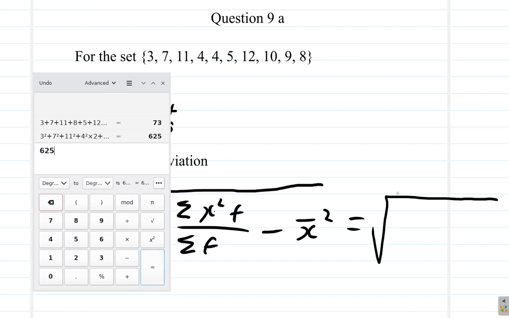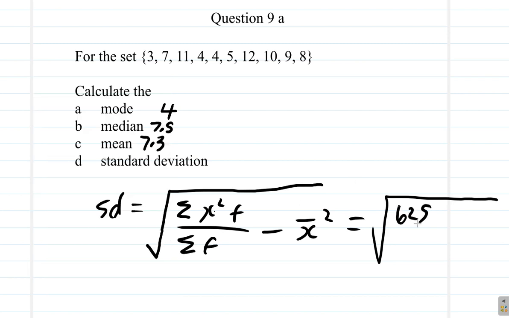So you have 625 over the sum of f. It's a frequency. So in this case, there are 10 of them.